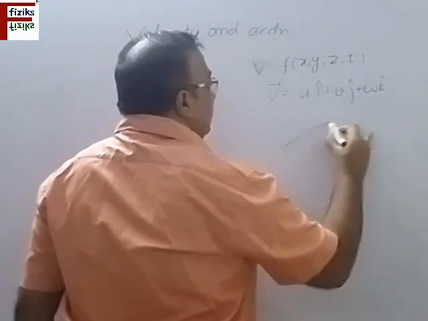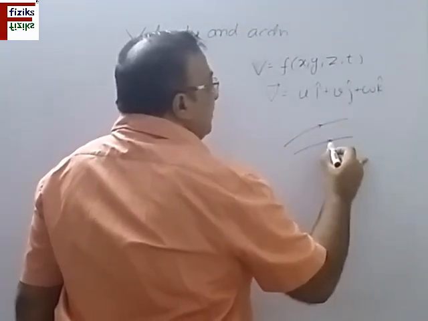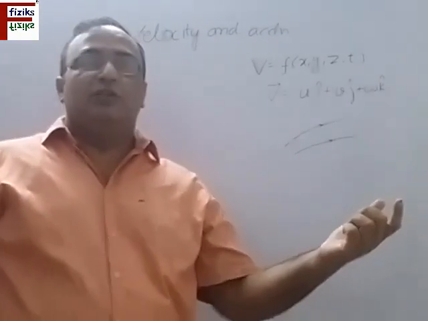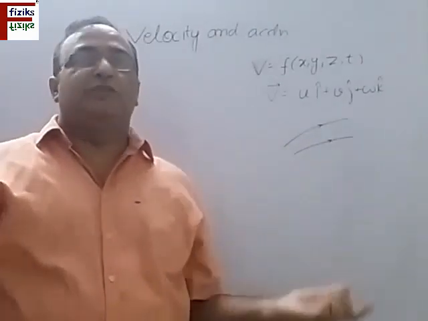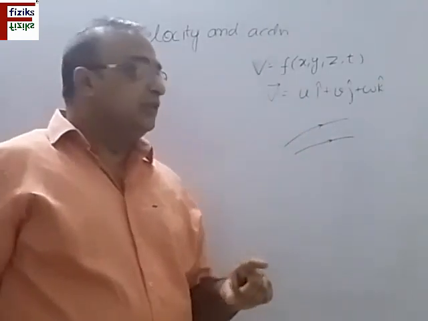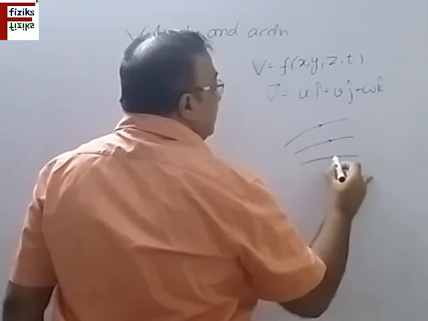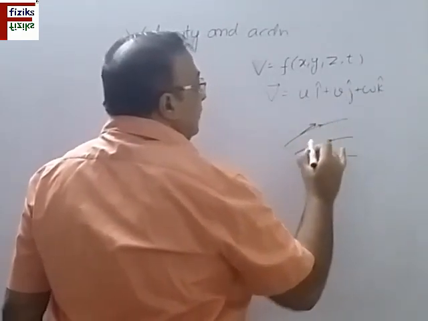Suppose if I have the fluid flowing like this, so this is the streamline. Remember that the streamlines may be parallel lines, or they may be curves having same curvature, or they may be converging or diverging, and they all show different types of flows. These are streamlines during a flow. If I draw the tangent at any point to the streamline, it shows the velocity of the flow.